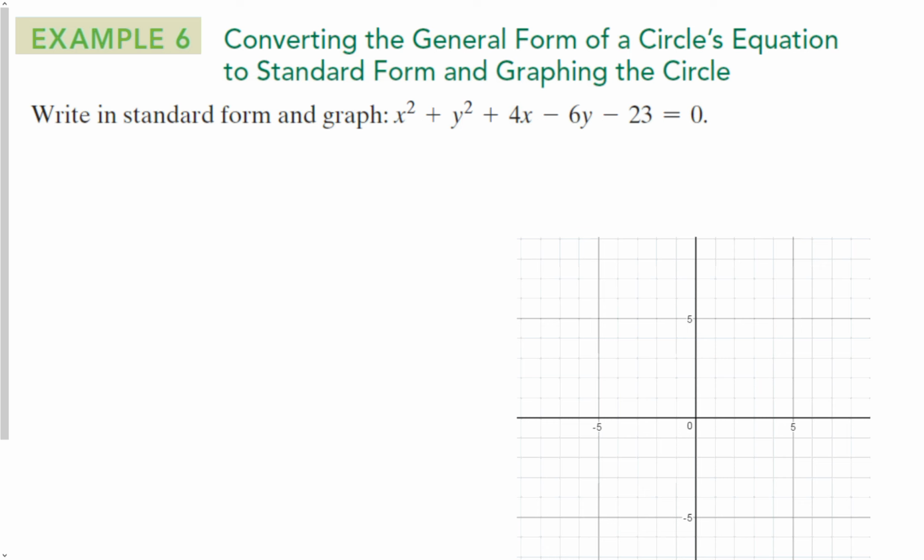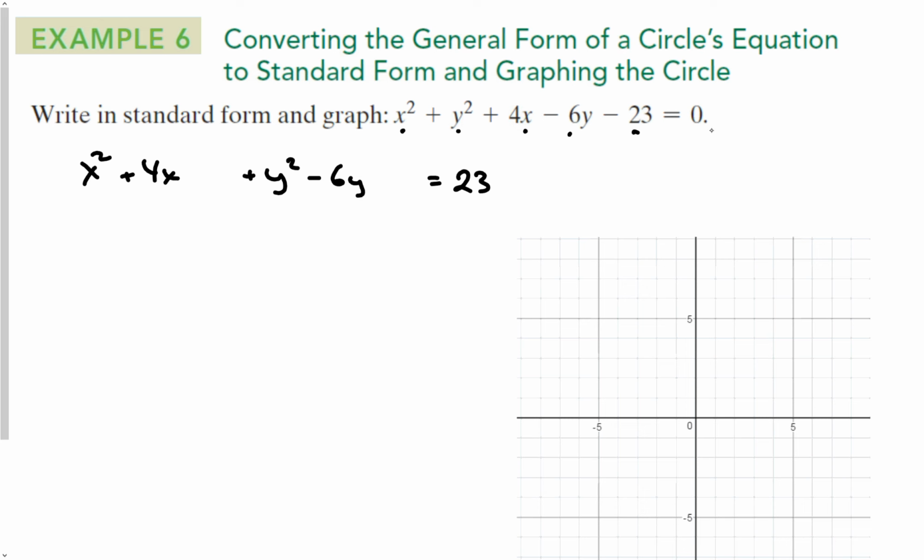And the way I'm going to do that is I'm going to write the x's together. X squared plus 4x. Then I'm going to write the y's together, plus y squared minus 6y. And then I'm going to move the 23 to the other side. Okay? So basically I just used the commutative property and I moved these two around.